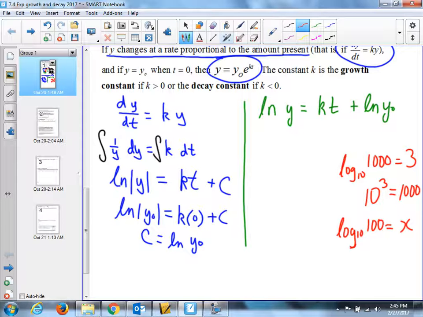I'm just creating a simple problem, but would it make sense that if I said 10 to the log base 10 of 1,000, what's that going to simplify to? Just take a look at this and think about it. It's going to be 1,000. Why? It undoes it, right?